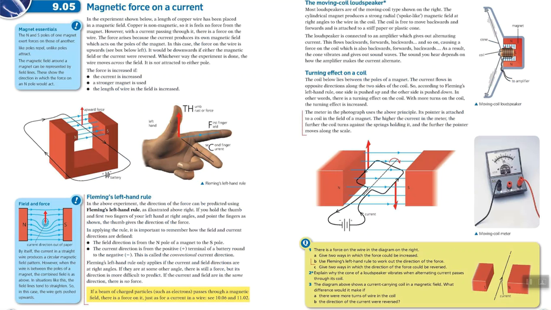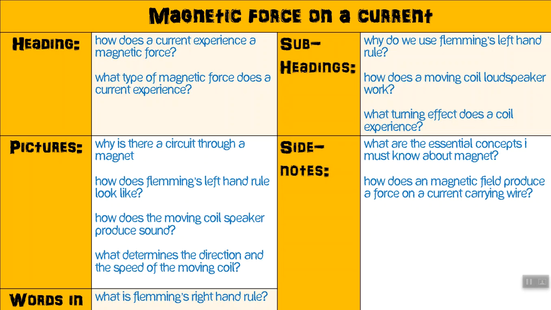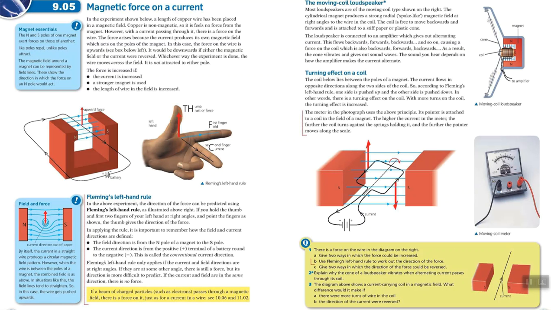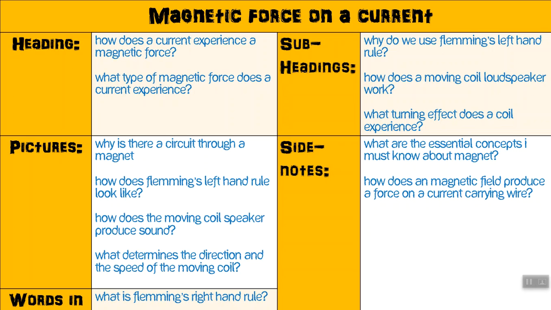Then I go back and ask, what type of magnetic force does a current experience? Is it an attractive force? Is it a repulsive force? And I read again through all the work until I find the paragraph that explains the answer to that question. I will do that for every single question on my list until I have an answer for all of them.